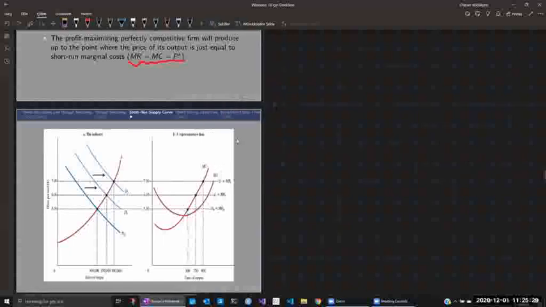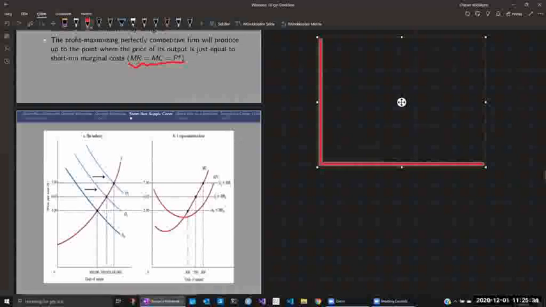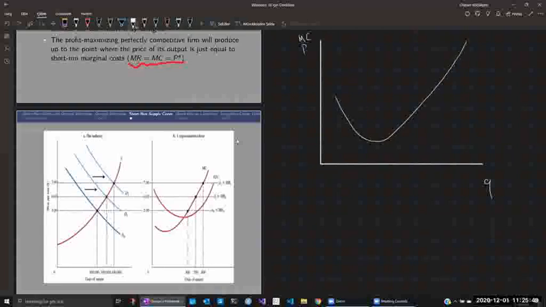Okay, but let's derive this graphically. So what I know is the marginal cost, so this is quantity, and this is the marginal cost and the price level. So I know the marginal cost curve, right? So it has this shape. And there's a market price that the firm takes as given, it observes from the market. So the price level is given by, let's say this is P star, the price in the market.